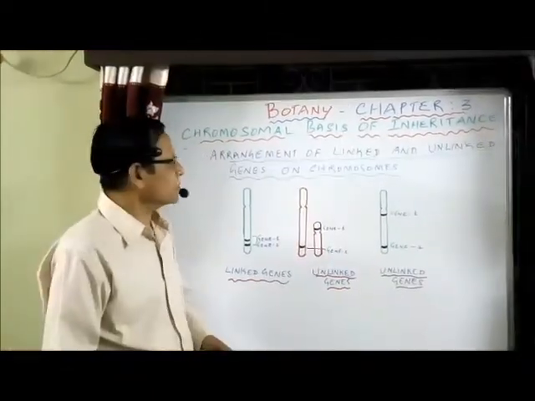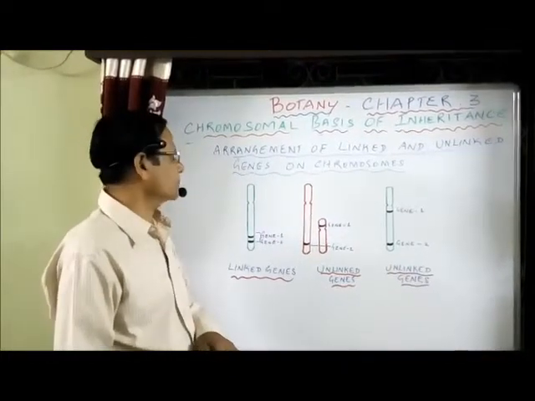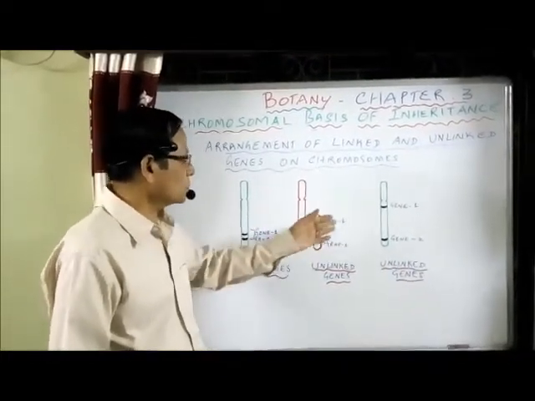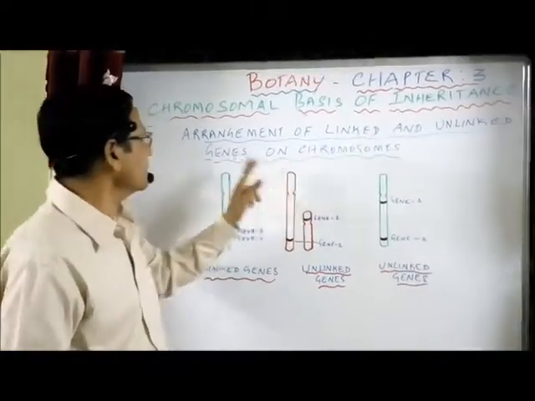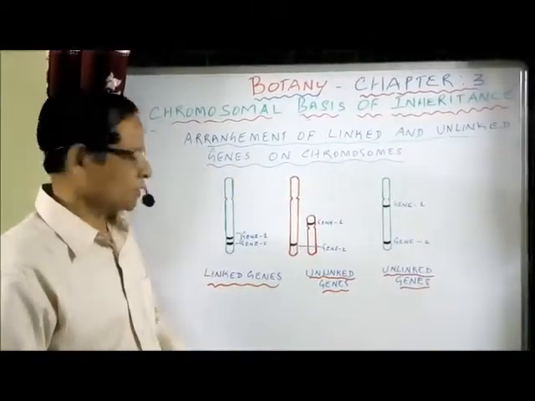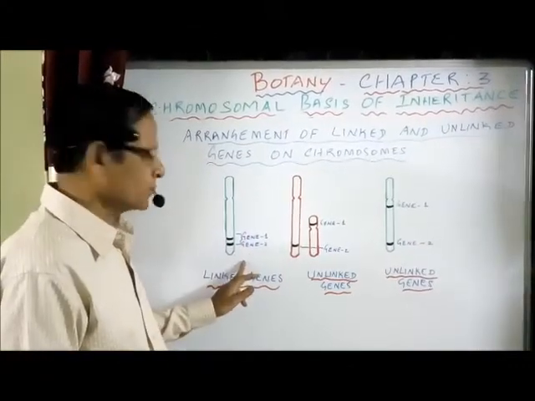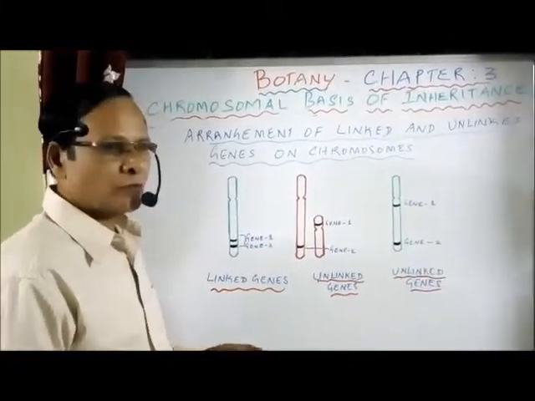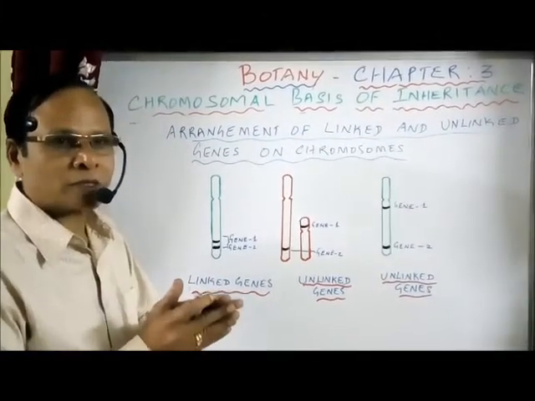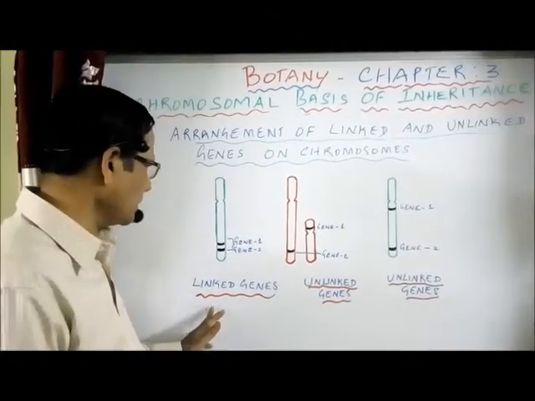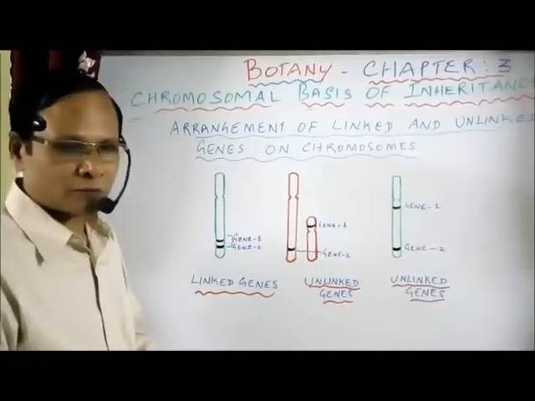I described the definitions of linked and unlinked genes. Now I have drawn diagrams to show the arrangement of linked and unlinked genes on chromosomes. In the first diagram, I represented two genes, 1 and 2, located on a pair of homologous chromosomes.